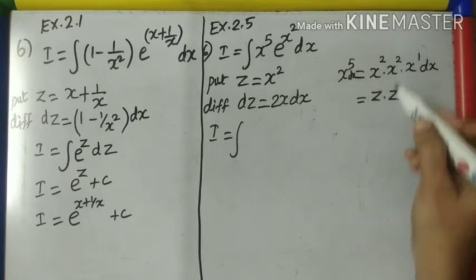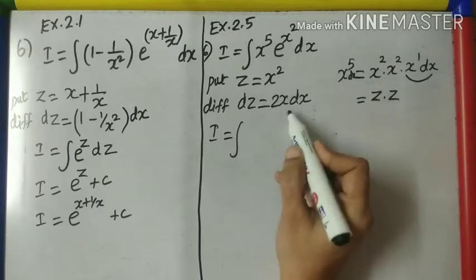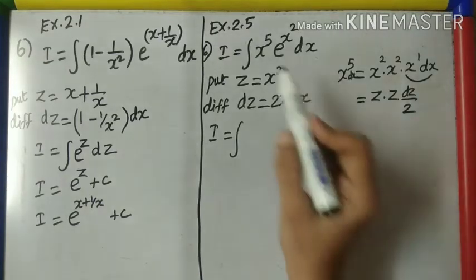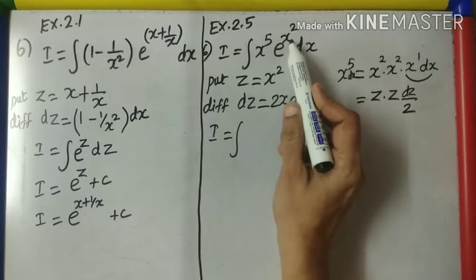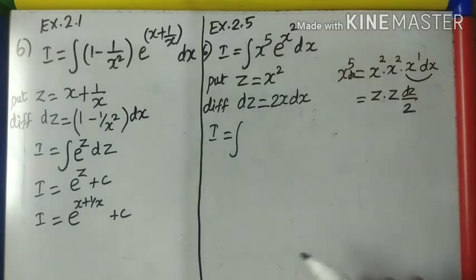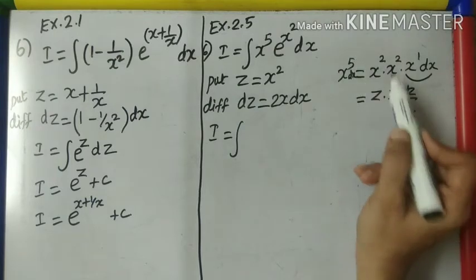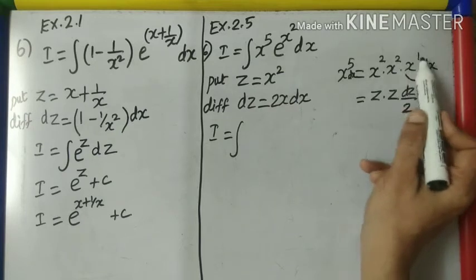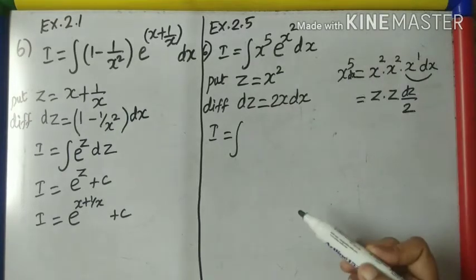So this is z, this x dx, I can write dz by 2. Look at the question, e power x square, I put z. X power 5 dx is there. X power 5 I can split as x square, x square, x power 1. Total must be correct. Into dx.